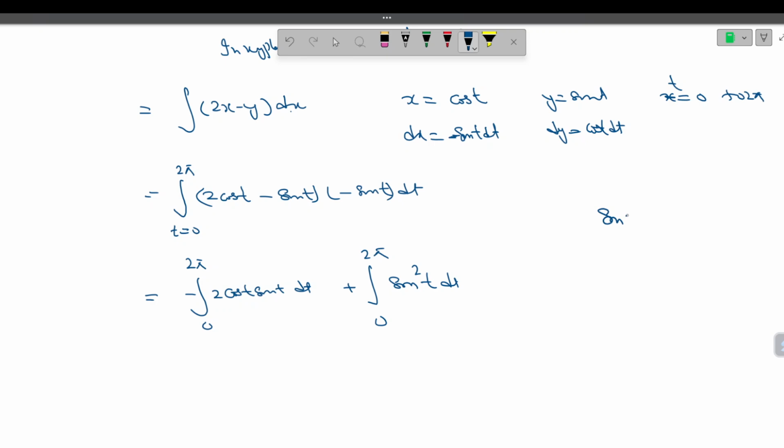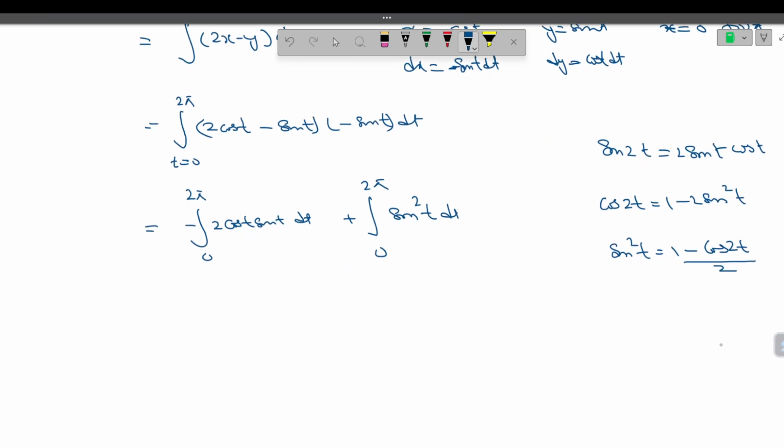We know sin 2t is 2 sin t cos t, and cos 2t equal to 1 minus 2 sin square t, or sin square t equal to 1 minus cos 2t by 2.